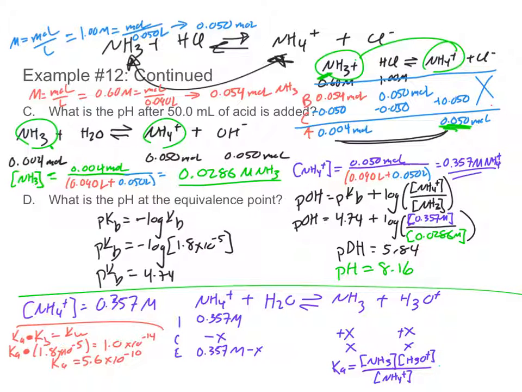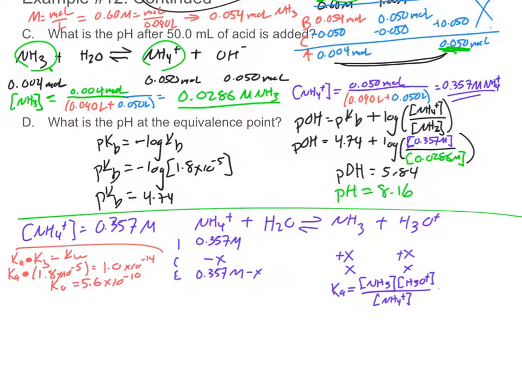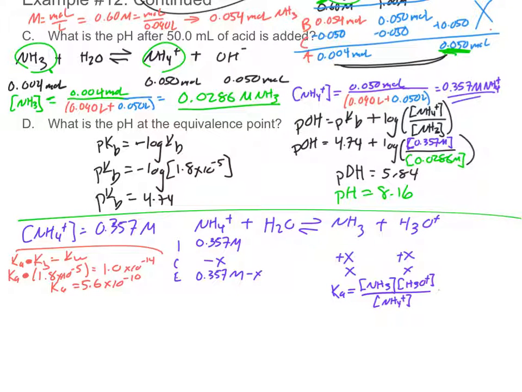So let's plug in some values. So I'm going to take the 5.6 times 10 to the minus 10 equals X squared over 0.357 minus X. And I'm going to get a value for X in this case to be equal to 1.44 times 10 to the minus 5.